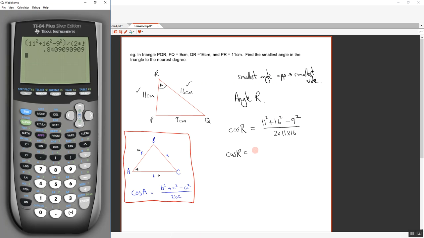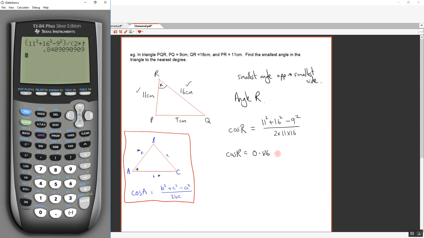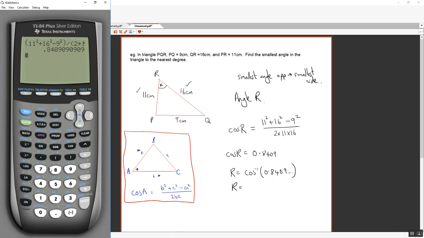And what I'm going to do, just to show the examiner, is write 0.8409, and then to find R, I'm going to do the inverse cos of that. But when I put it into the calculator, I am going to use the full answer.